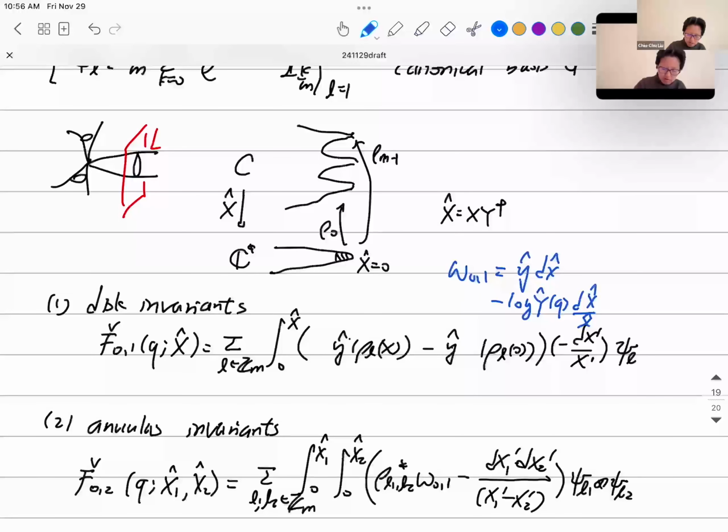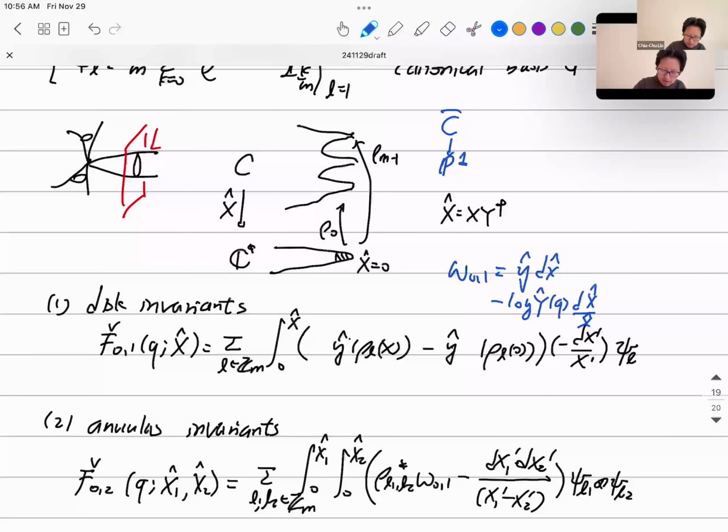So now the map from the mirror curve to C star can be extended to a branched cover from the compactified mirror curve to P1.